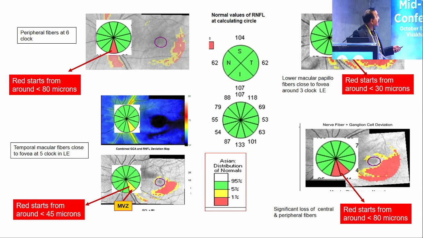But when it reaches 80, in the lower and upper, the red appears. And when it reaches the temporal, these fibers, around 45, the red appears. It is around 35, the red appears. So we should know when the p-value is less than 1%, just like visual fields. This is a very important thing you should remember always.